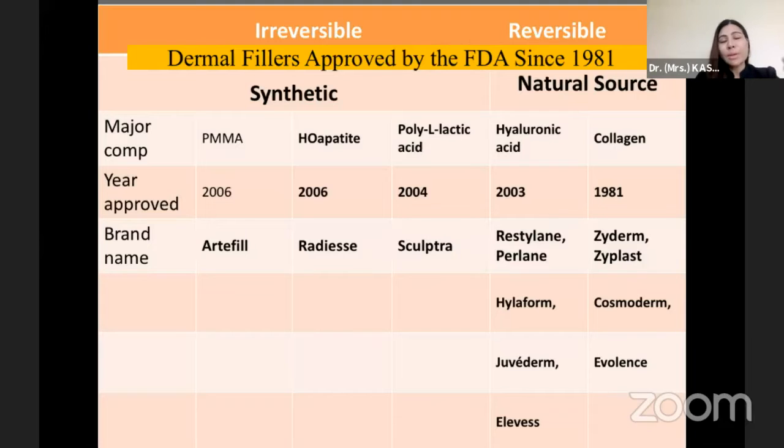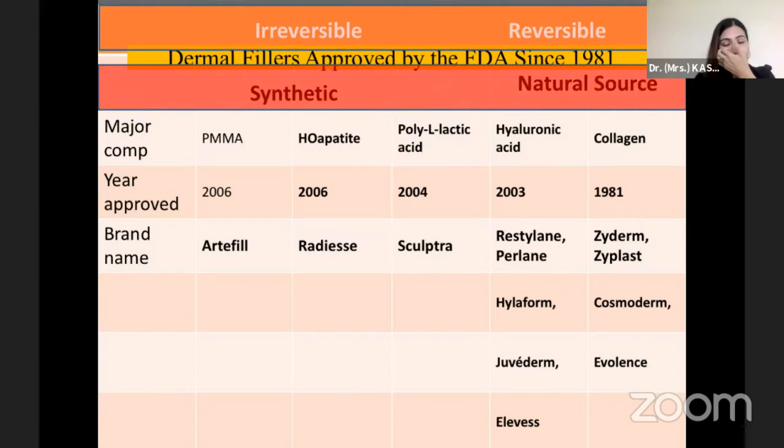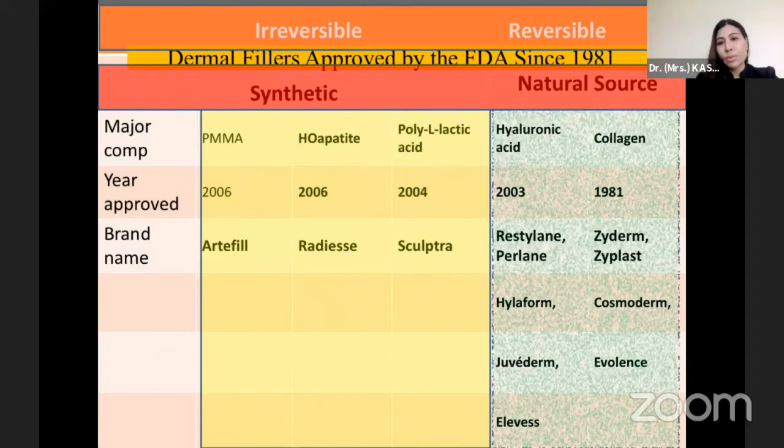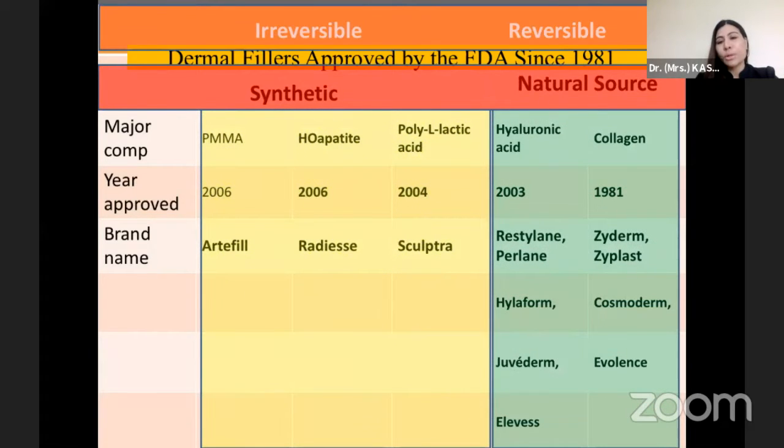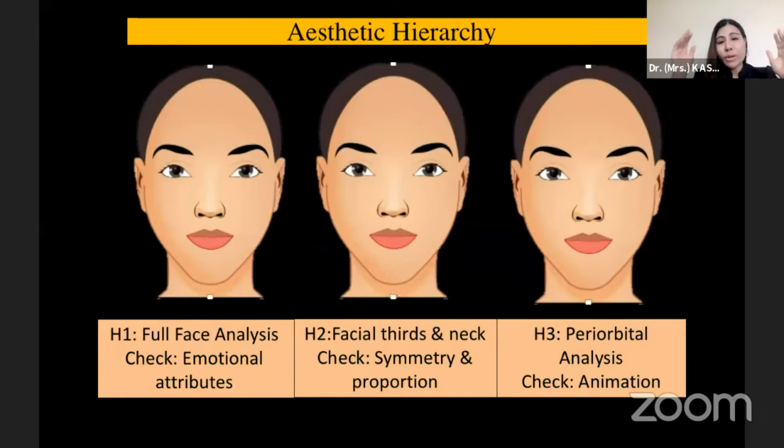So this filler can be irreversible, reversible, synthetic, or natural, but I'm more comfortable with the natural source, and the most important being hyaluronic acid. Whenever we try for any aesthetic procedure in the face, be it a surgery or any injectable procedure, we need to assess the face in a hierarchical manner.